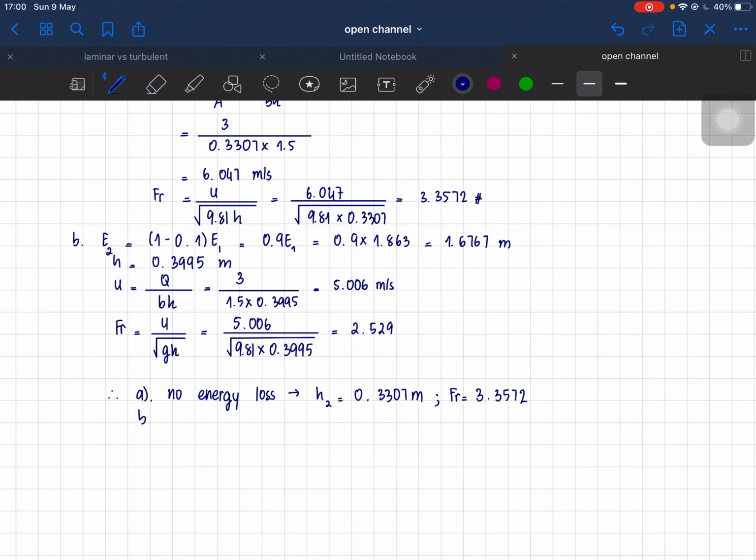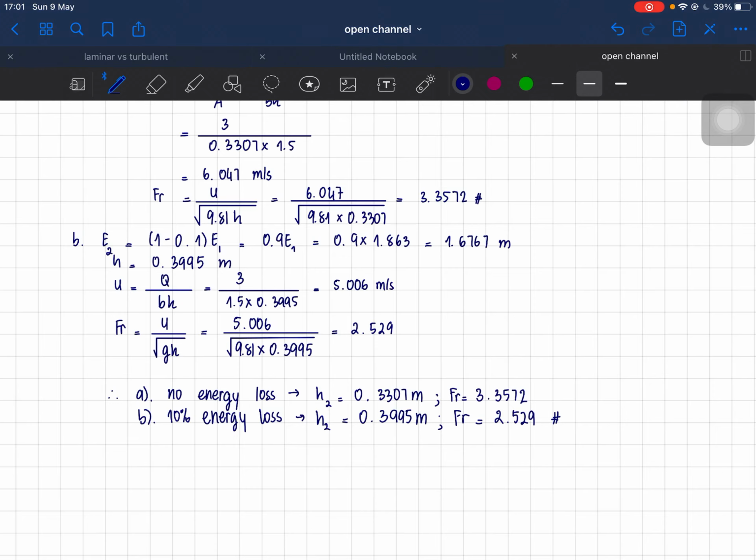And if there is 10% energy loss, H2 equals 0.3995 meter, and Froude number equals 2.529. Okay, so this is the final answer.